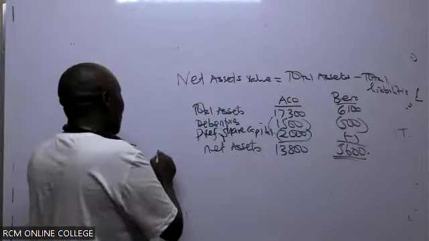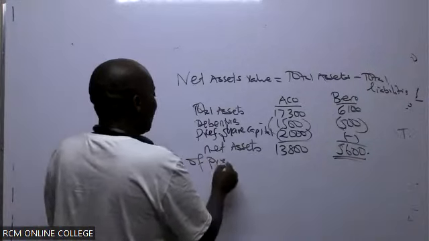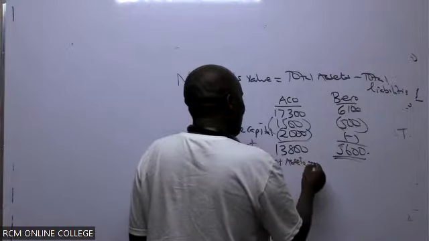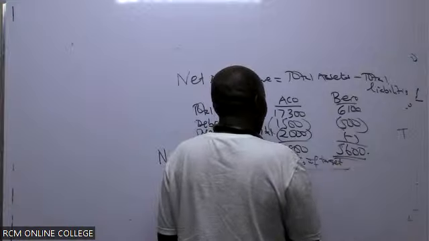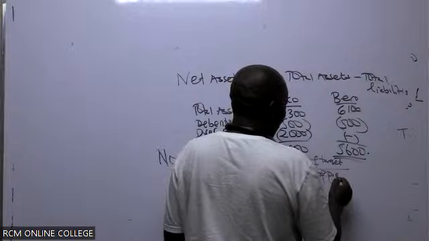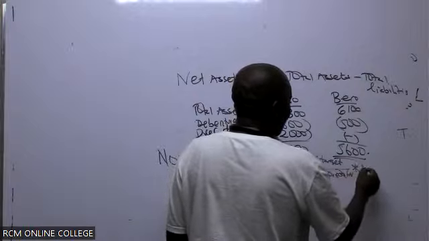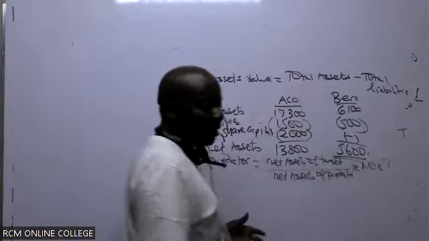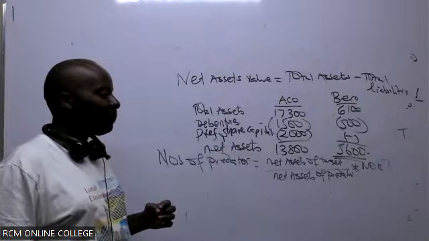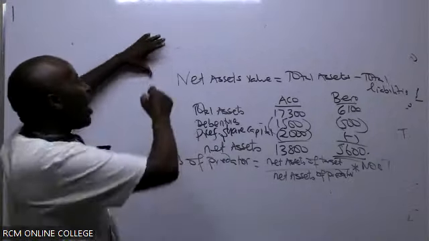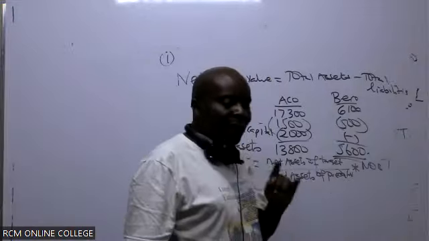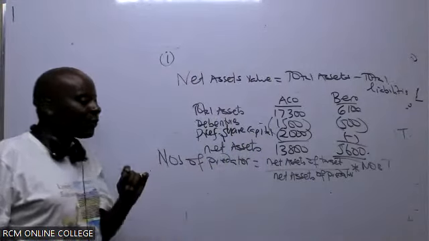The number of ordinary shares of the predator using the net assets basis is net assets of the target over net assets of the predator, times NOS T. Because for Roman 1, they have told us to use the net assets value basis.